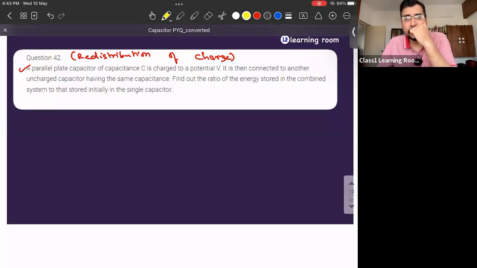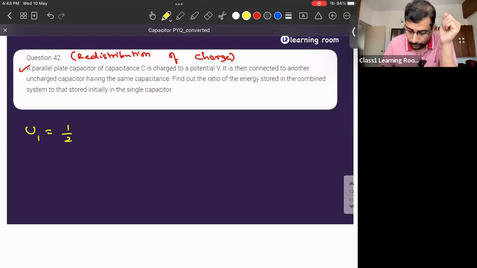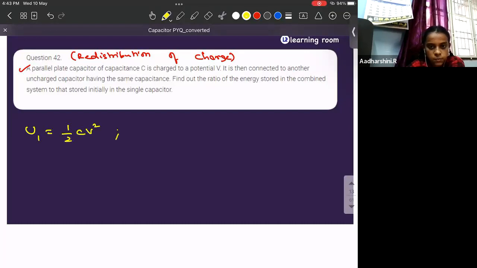So what is the initial energy stored in the first capacitor? U1 is how much? Half CV square.